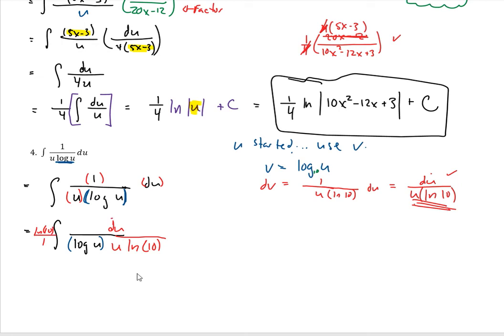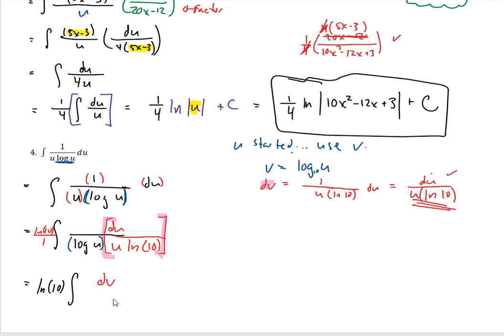Okay, and then that way, this in the red is now my dv. And then now I can do this substitution. Okay, so I have ln of 10 integral. Everything in the red is just dv. So all of this right here is just dv. So I'm going to write that as dv.